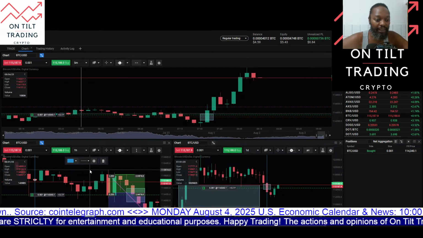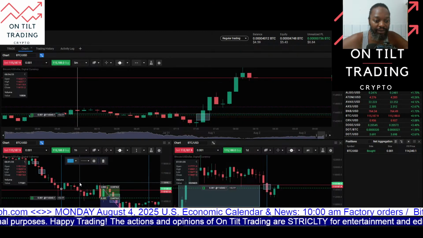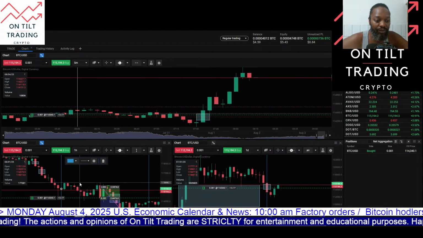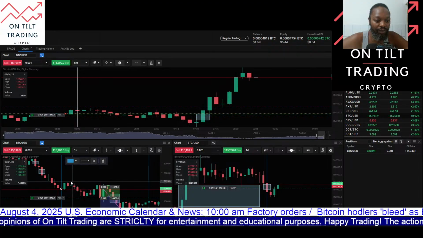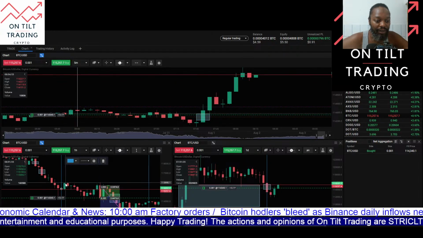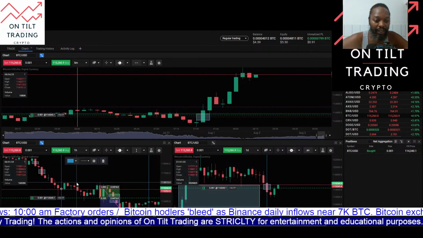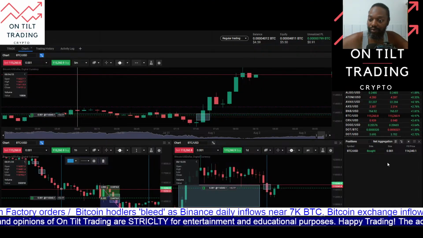This sets up like an equal high type area, and ICT talks about this quite a bit, seeing these equal highs or near equal highs. So seeing these two candles here, pretty much making an equal high. So for me, this makes a good target on liquidity.